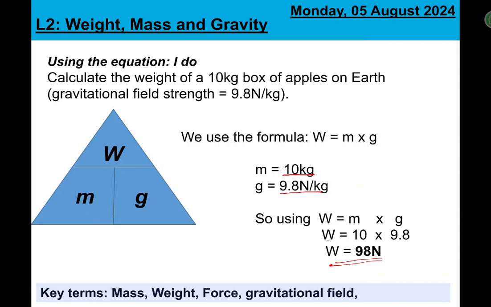As simple as that. Just multiplying the mass times the gravitational field strength, you get 98 Newton. So the weight of 10 kilogram of apples on Earth is 98 Newton. But of course it may vary if we take it to a different planet, because the gravitational field strength will be different, right?